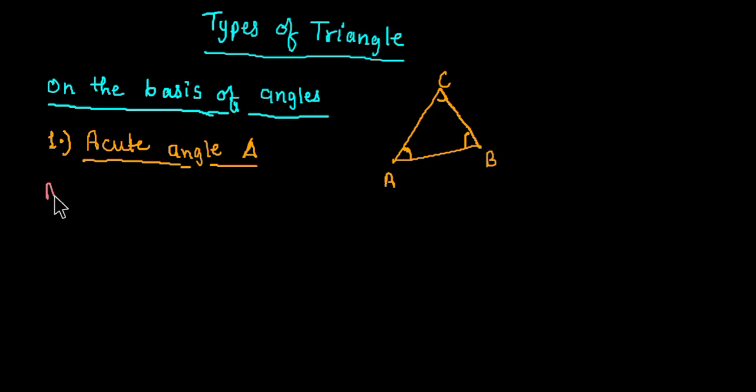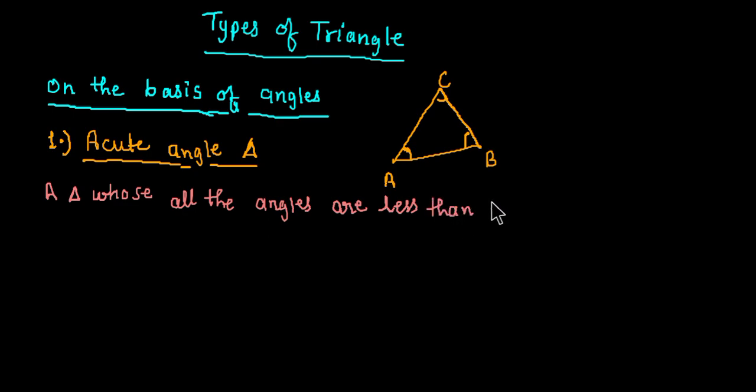A triangle whose all the angles are less than 90 degrees is known as an acute angle triangle.